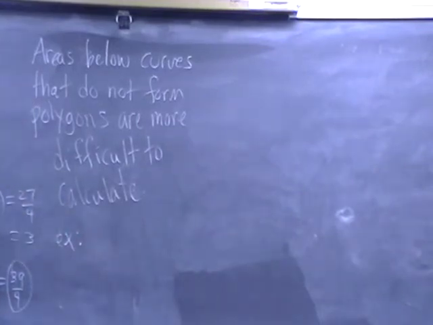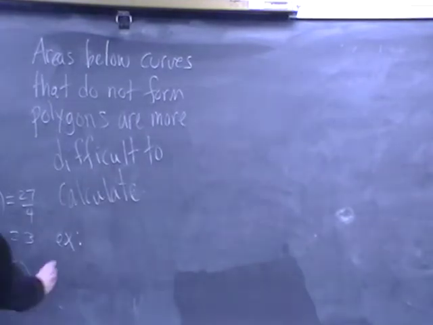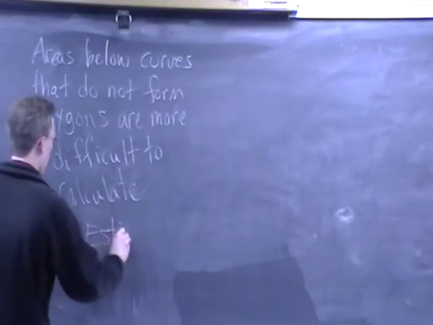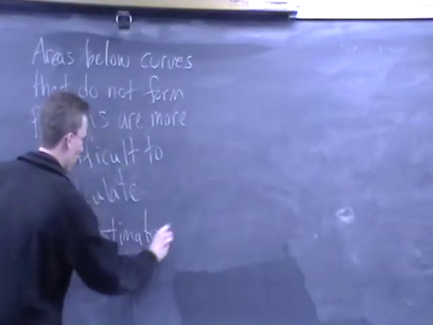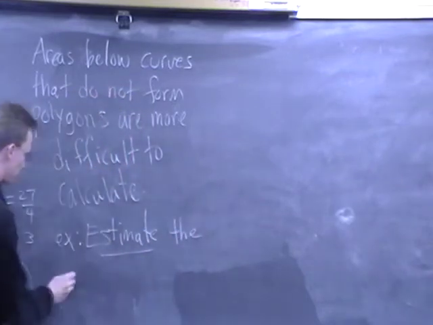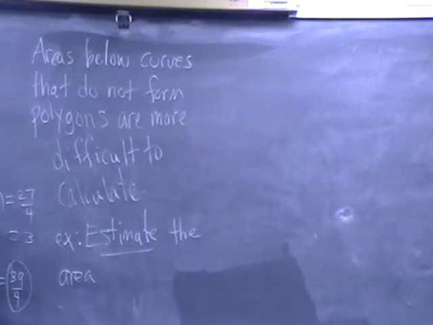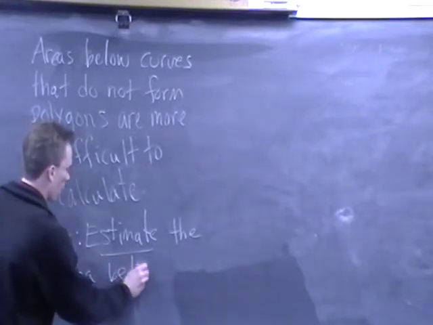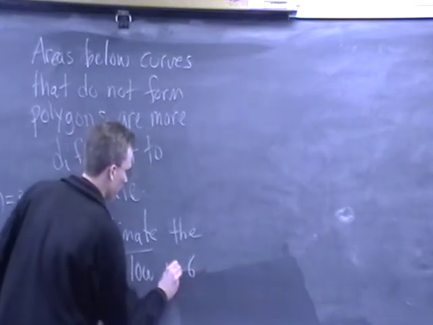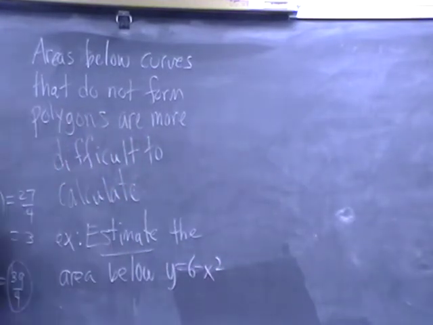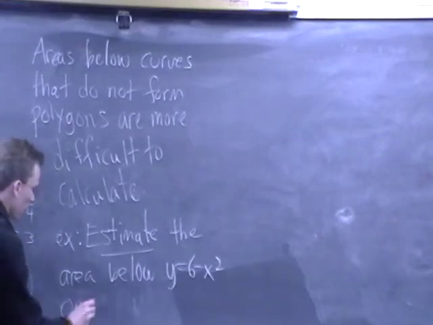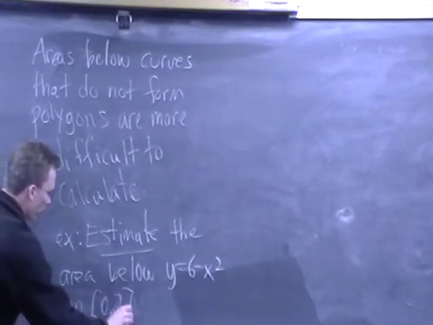So what we're going to do for today, as an example, is estimate the area below y equals 6 minus x squared on 0 to 2.